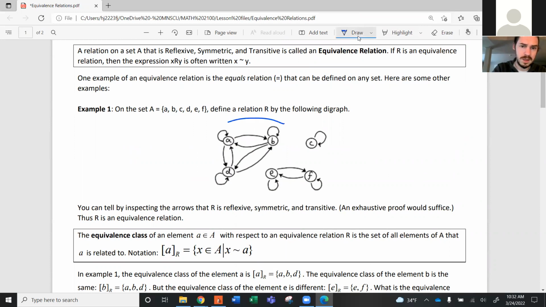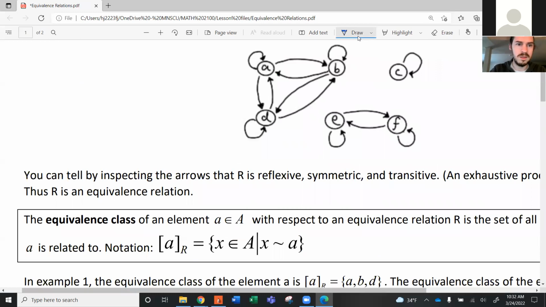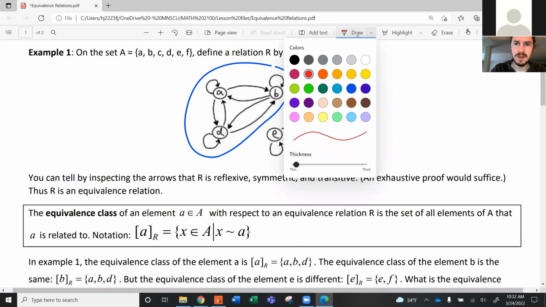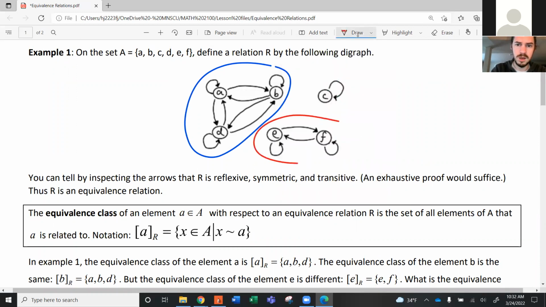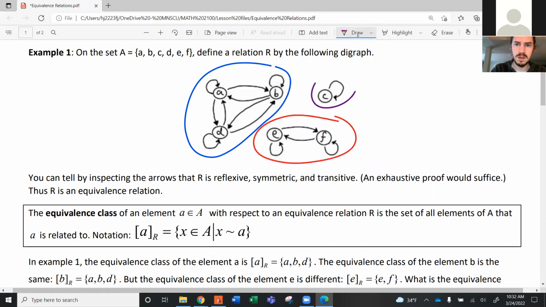So going back to our examples, here you can see the different equivalence classes. There's one equivalence class, here's another, and there's another. Those are the equivalence classes, and they form a partition of the set A, right?